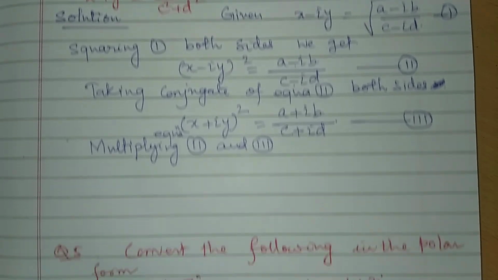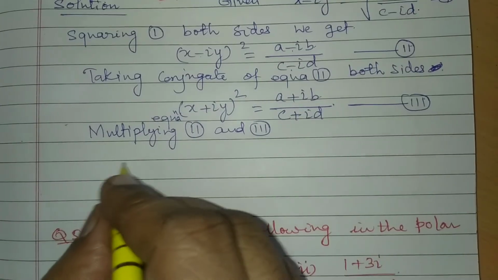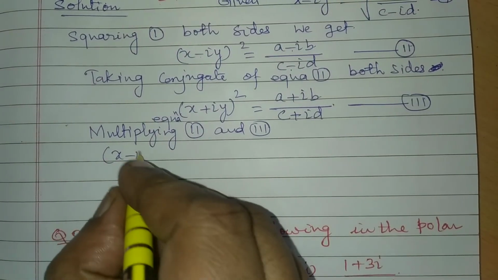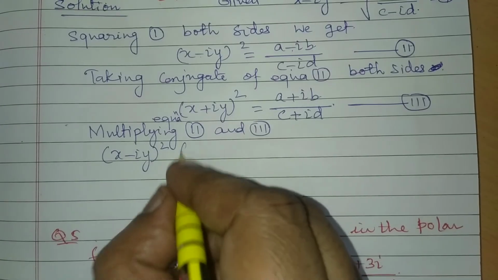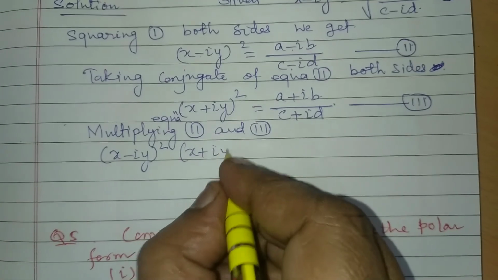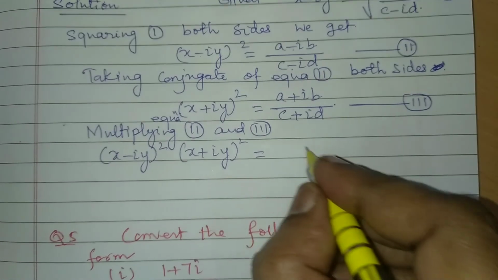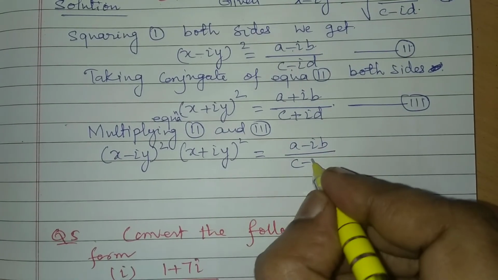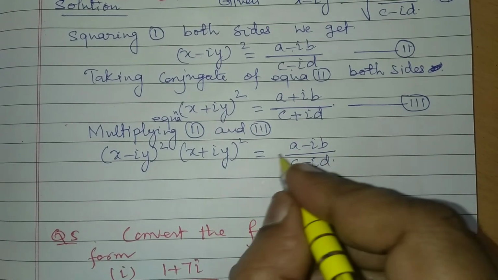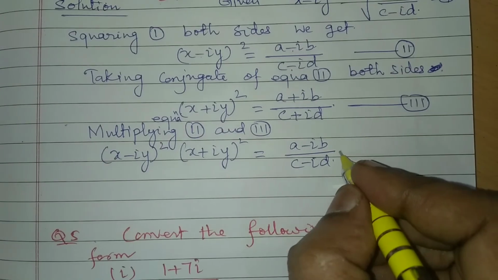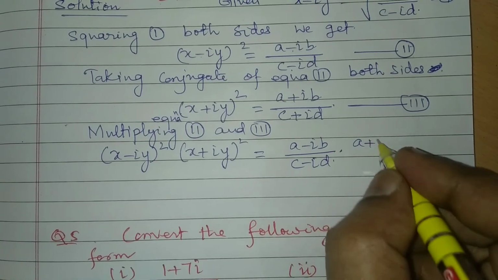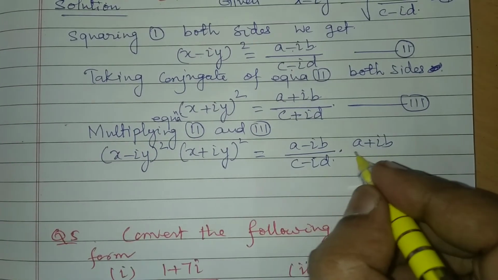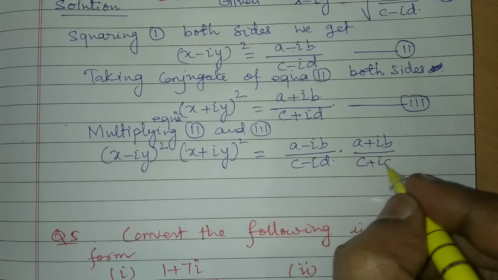So see what happens. You will see that x minus iy whole square and x plus iy whole square is equal to a minus ib by c minus id, a minus iota b into a plus iota b and c plus iota d.